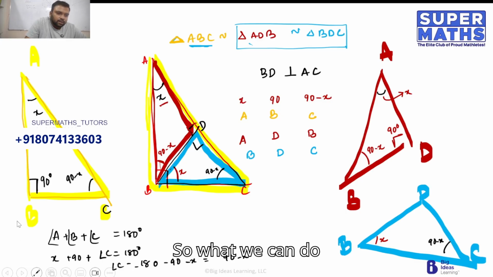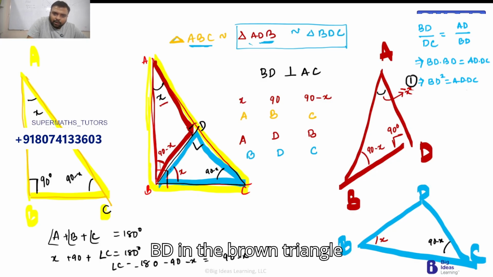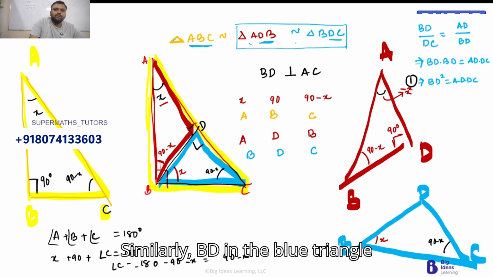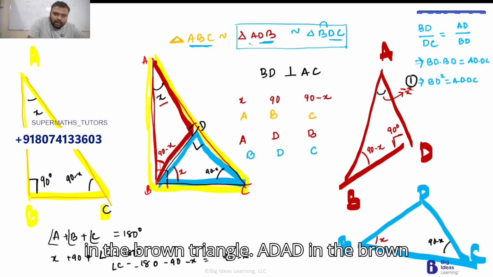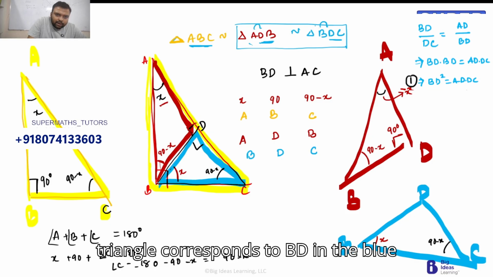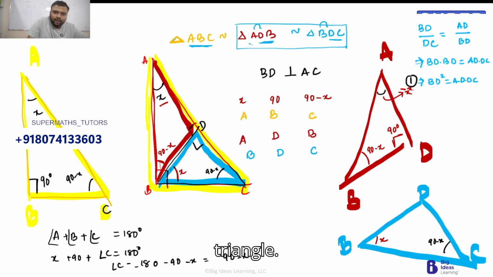So what we can do is, I can write BD in the brown triangle corresponds to DC in the blue triangle. Okay, similarly AD in the brown triangle corresponds to BD in the blue triangle.